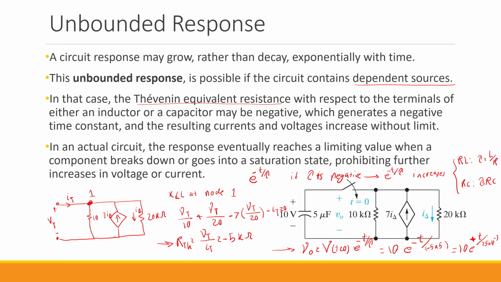So even though the ideal equation tells us that the voltage between these two points can go indefinitely, in reality, a circuit like this usually gets to a point where it cannot go beyond, whether a component breaks or we hit some saturation state. But nonetheless, this is an example of an unbounded response.